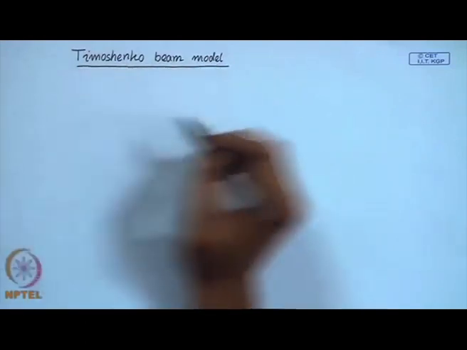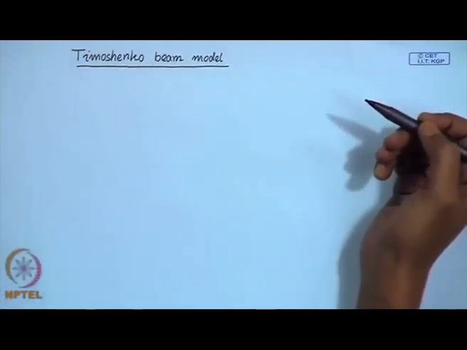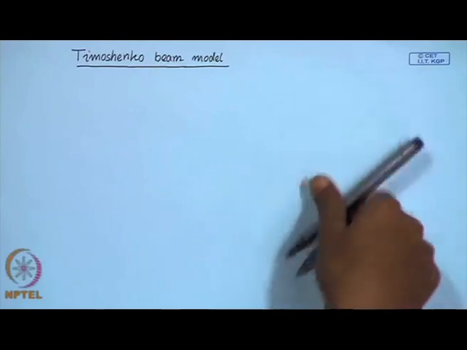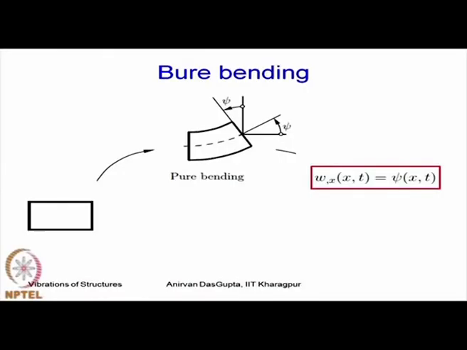So, let us look at this Timoshenko beam model. Here I have introduced the basic difference between the model that we discussed in the previous lecture and what we are going to discuss today.